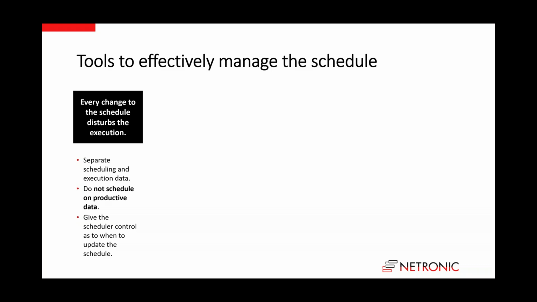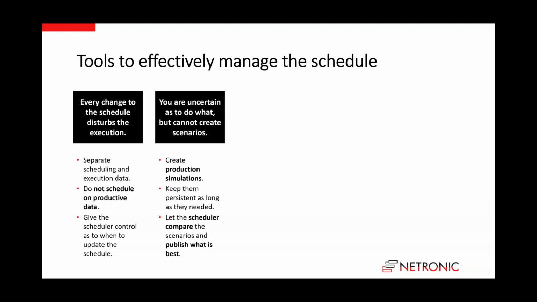taking a copy of the production data, putting it in separate tables in a separate data infrastructure within Business Central, and then allowing them to change on that. And if they're uncertain as to what to do and when, and if they cannot make scenarios, well, this is over with the VAPS, because they not only can do one copy of their production data into a separate table, but they can do this as often as they need.